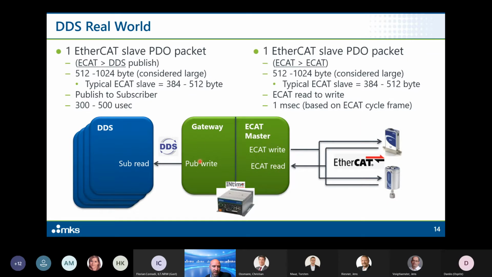On the other side of the same device, we have the data gateway. So we're converting the EtherCAT information and others into DDS, and we're going to publish or write that data to whatever subscribers are going to be reading it. As we saw in the previous slides, maybe it's analytics, maybe it's control, maybe it's a SQL database storing all the data.